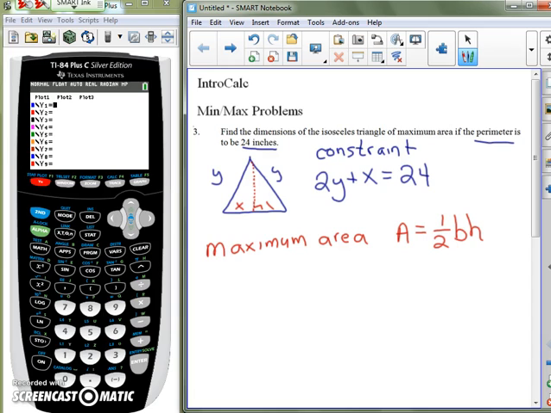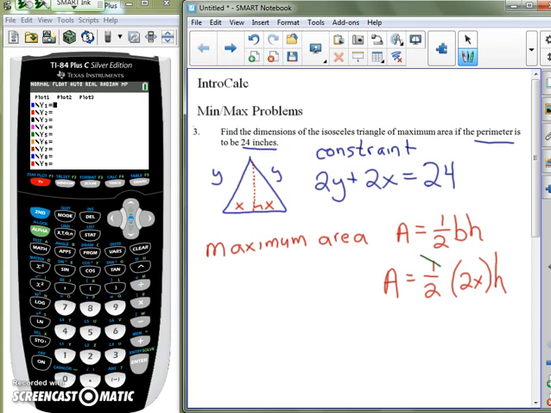That's pretty clever. It means I have to change my constraint so that 2y plus 2x is 24. But that's a small price to pay. So area is going to be 1/2 times 2x times h.